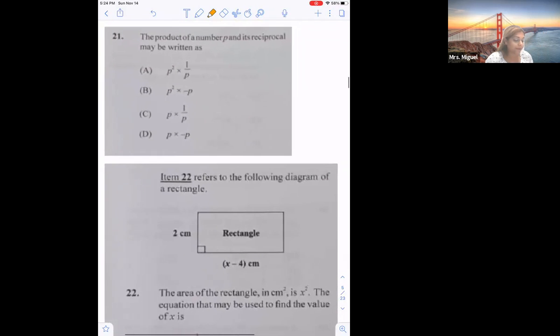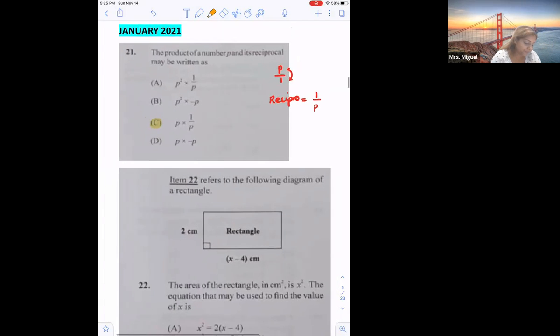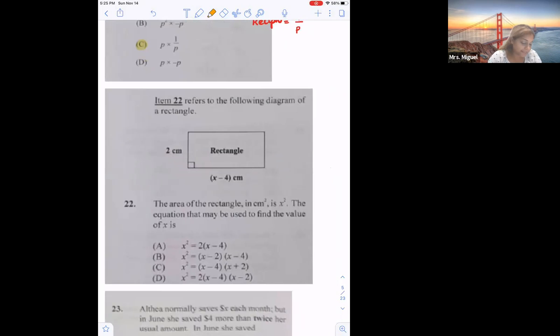Number 21, the product of the number P and its reciprocal. So P over 1, therefore the reciprocal is equal to, we flip this, 1 over P. So the product of P and its reciprocal is C. Number 22, the area of the rectangle is x squared.